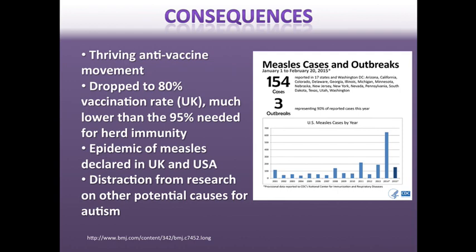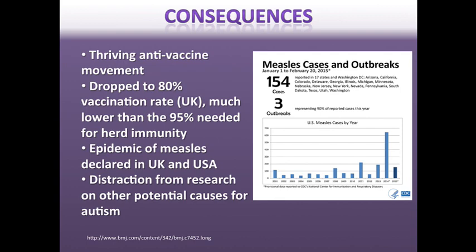Now, what's important here is that we have now spent a decade and millions of dollars and a tremendous amount of research proving that there is no connection between autism and the MMR vaccine.